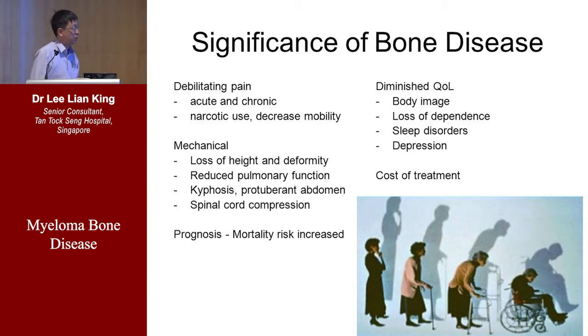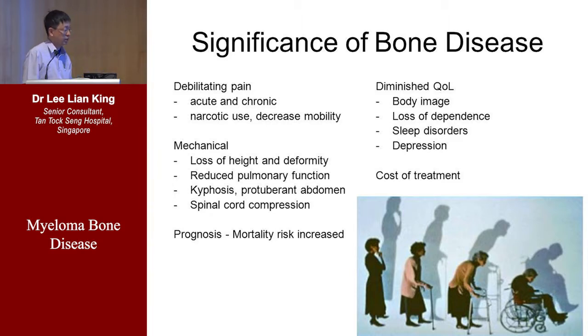So the problem with bone disease is, as I mentioned, a lot of pain, which can be acute or chronic, and leads to a lot of use of morphine-type medication to control the pain. The patient's mobility is much reduced.